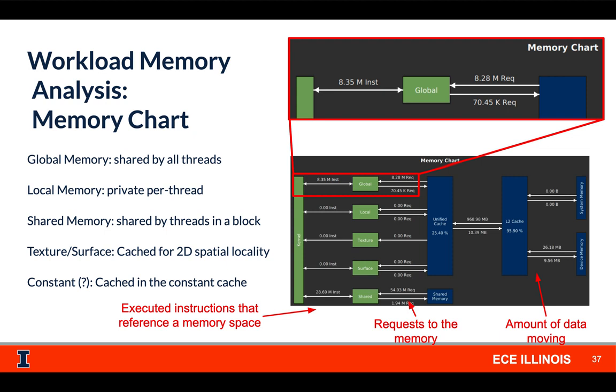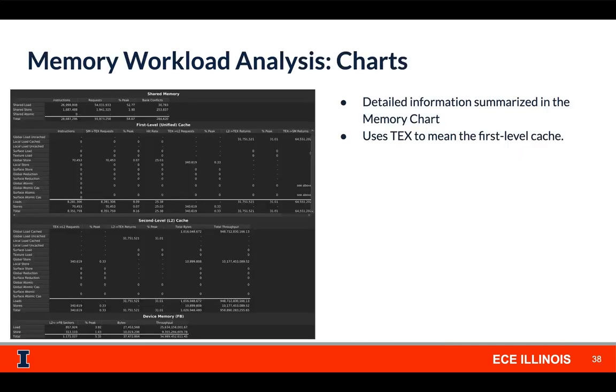And also what's annotated on here is the cache miss rate in those cache boxes. So in this example, the L1 cache, I think it's a hit rate, is 25%, and the L2 cache is 95%. So this can give us a sense of how data is moving and what kinds of ways that data is generated.